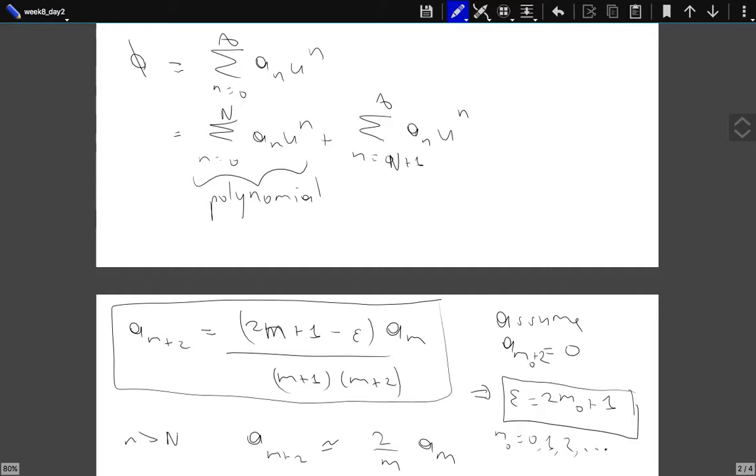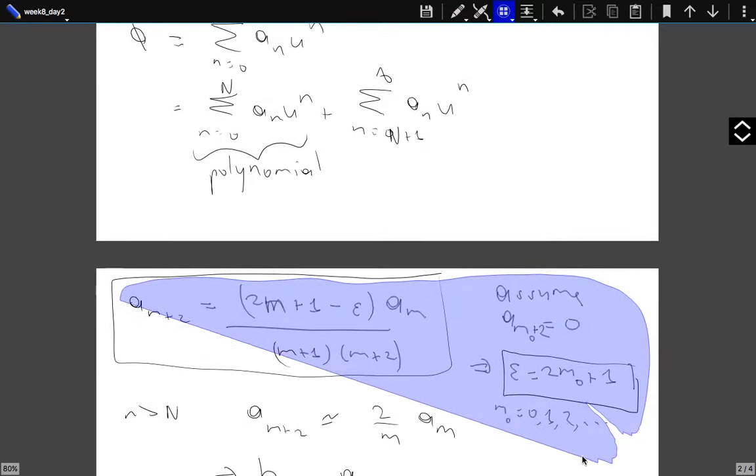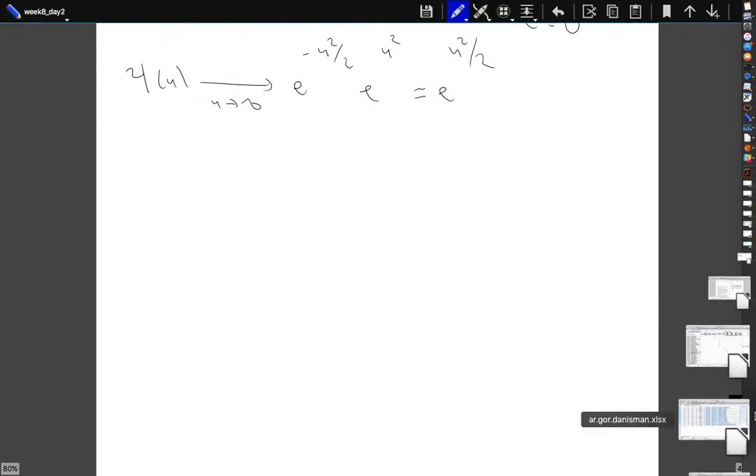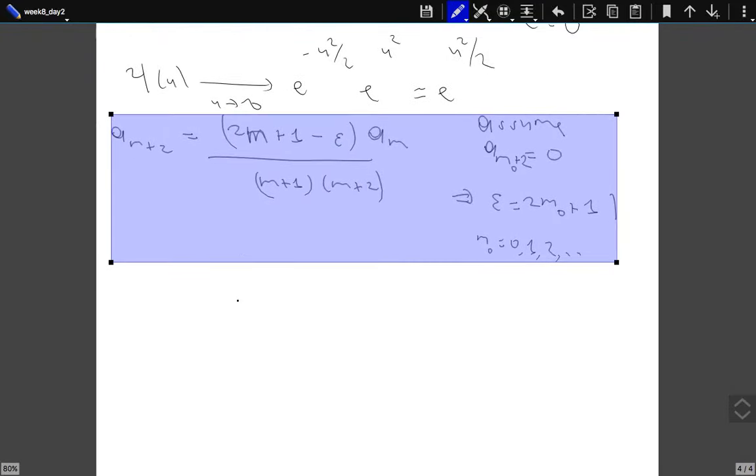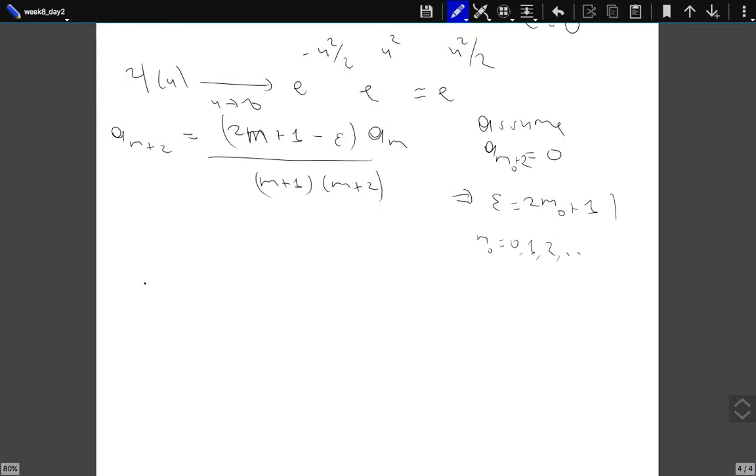You see, all the coefficients, let's do explicitly some of the solutions. Then it will probably become more clear. So this is my recursion relation. Explicit cases. Solutions. Let's start with epsilon equal to 1.